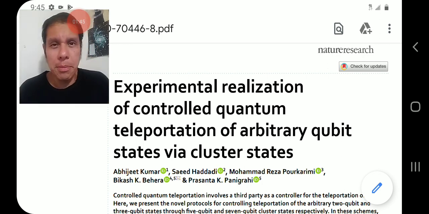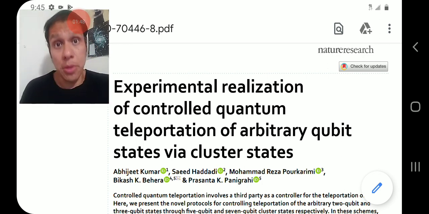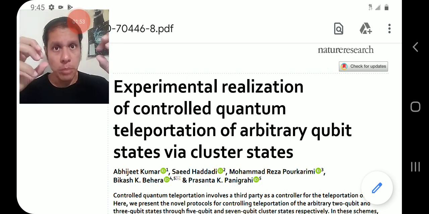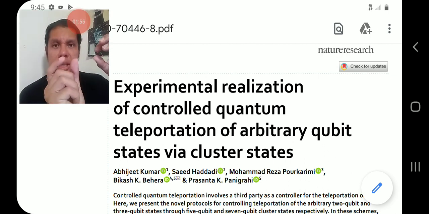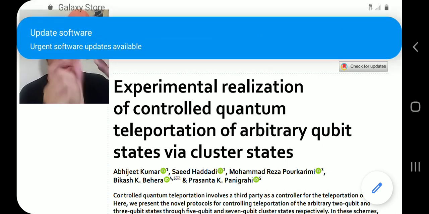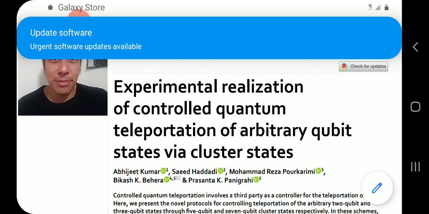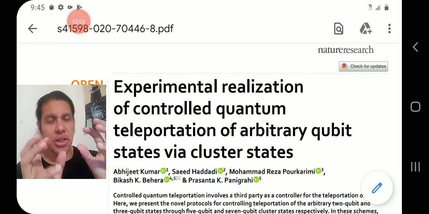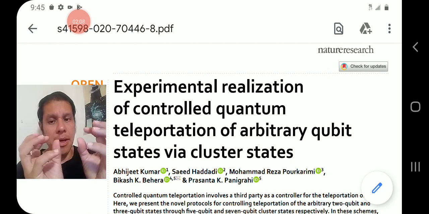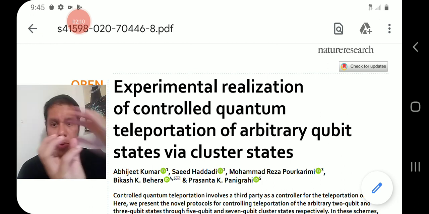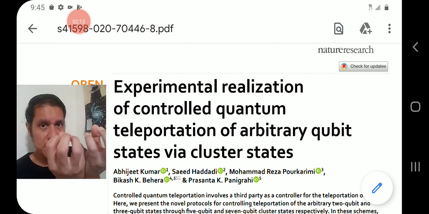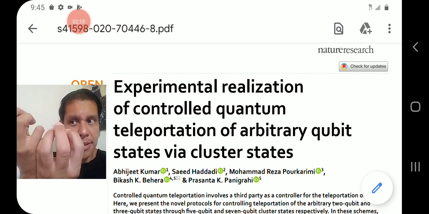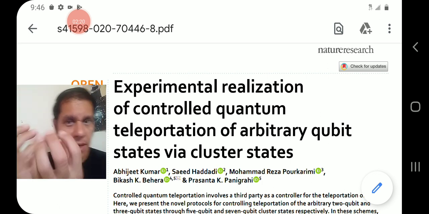Usually the teleportation that I did, for example, if you watch my video, is a teleportation between two systems with a medium system. Usually the way in which teleportation occurs is you use an agent in between in order to entangle two systems, and then you entangle the other two systems, and that allows you to teleport this one into the other one.